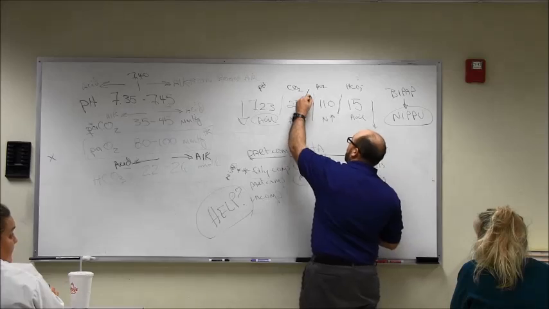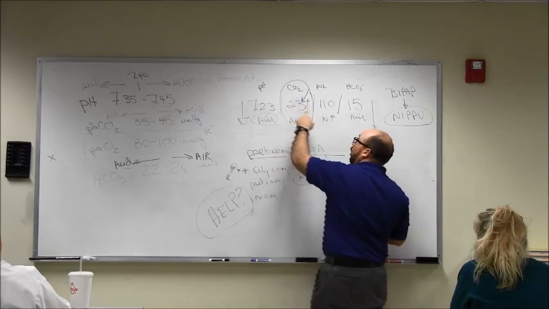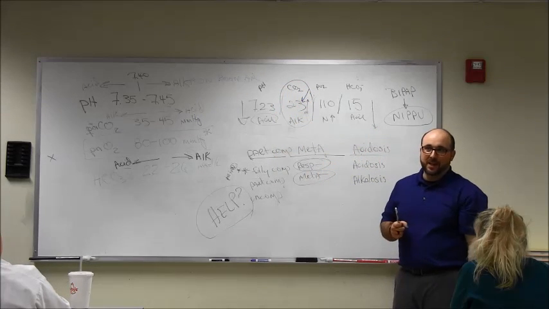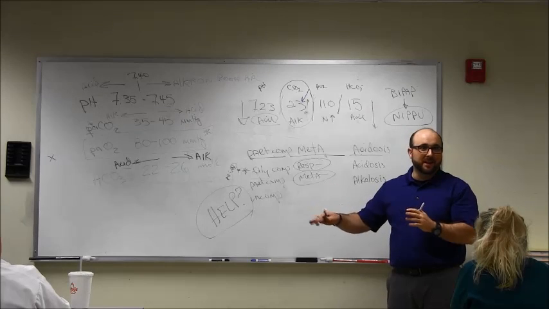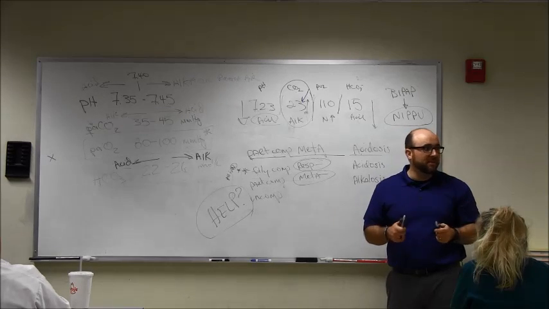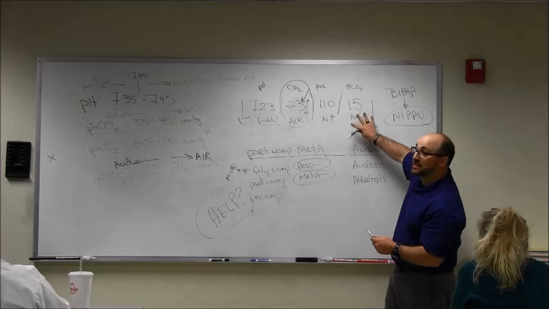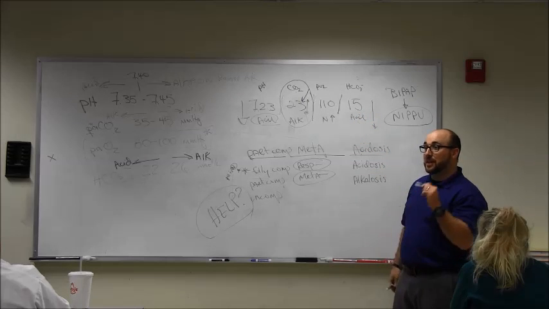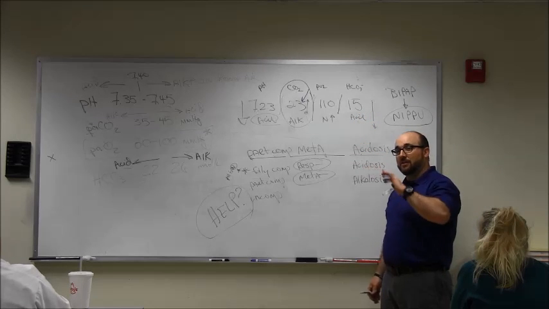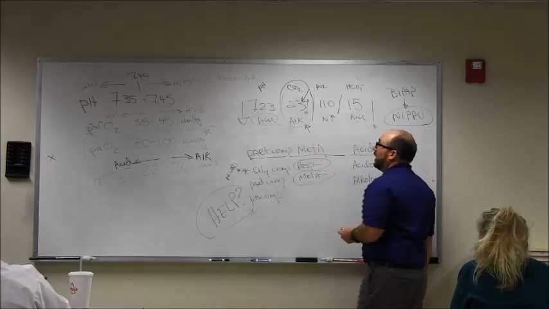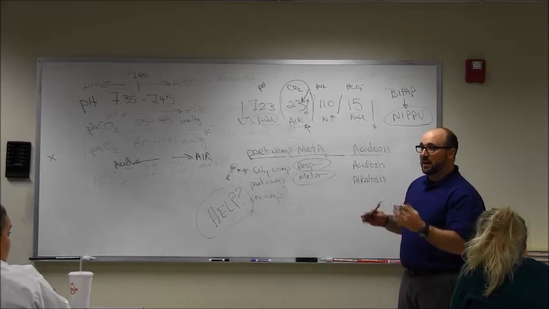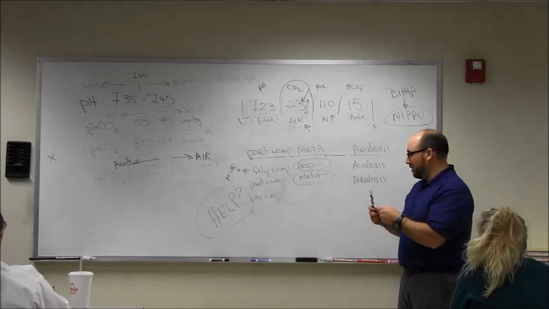When I put them on a vent, I now have total control over their CO2. I can make it go high or low or wherever I want and not put any stress on the body, because I can change the volumes and rates on my ventilator while we try to fix this issue over here. So the intubation and ventilator part is kind of the trump card, where you can come in and take over and get their acid-base balance back into whack.